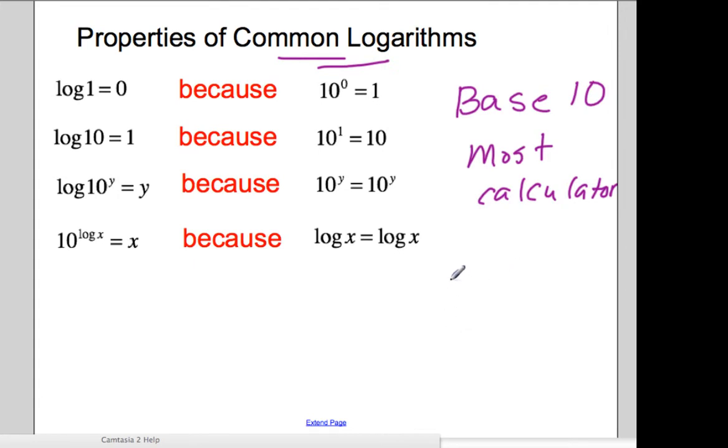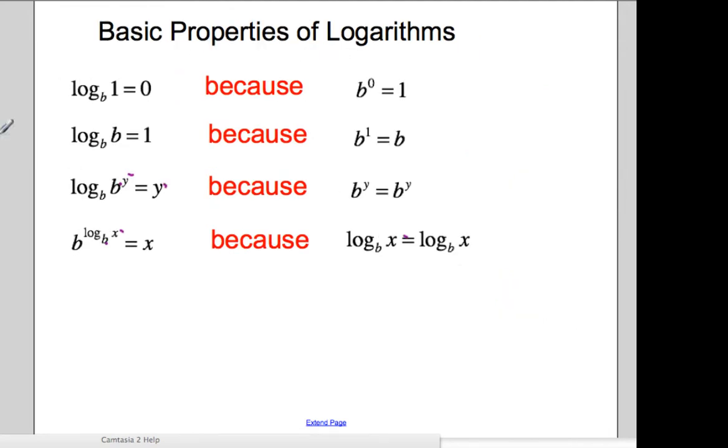If you look on your calculator and you have that log button, that is a base 10 button. And these read exactly as your previous rules read right there.